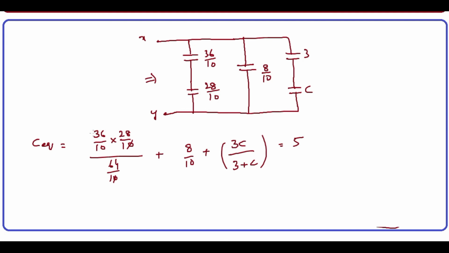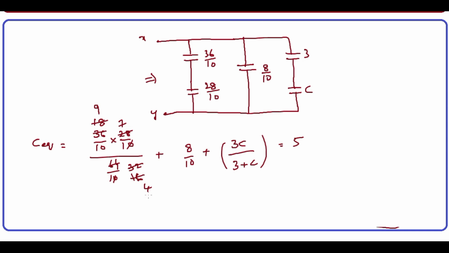Now 64 and 36: this is 18, this is 32. So two nines are 18, four fours are 16, four sevens are 28.